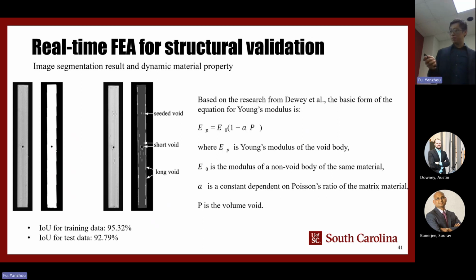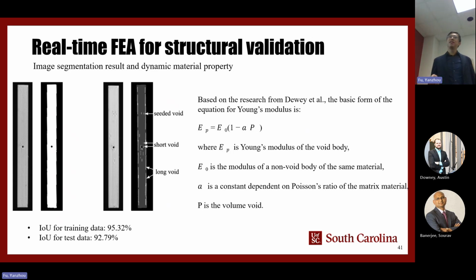And here is the prediction, the image segmentation result. The figure here is for the good layers, and this is the layer with some defects. You can see there is some seeded defect here, and some short voids and long voids along the edge. The evaluation metric we chose here is the intersection over union. What does the intersection over union mean?